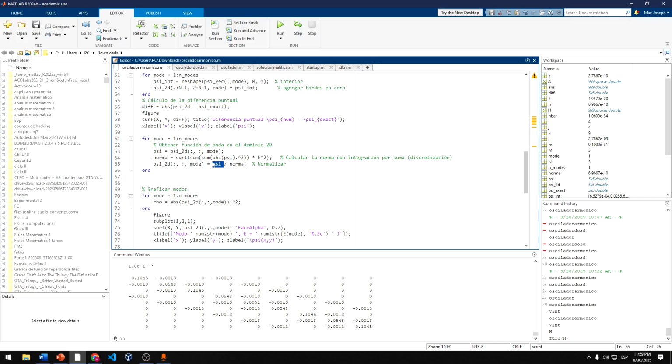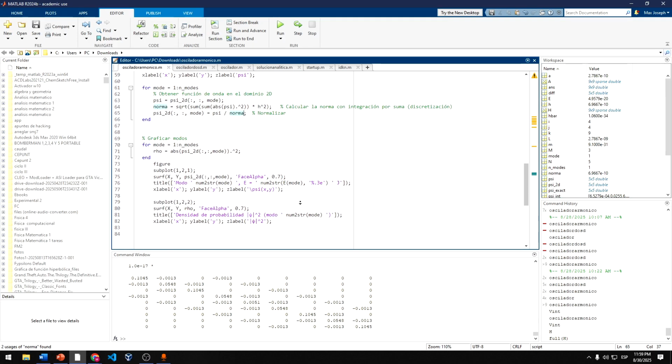El psi llegaría a ser la solución, pero no normalizada. Pero al momento de dividir entre su norma es como si fuera un vector unitario. Ya está normalizada la función. Y la probabilidad de que se encuentre el electrón en todo el espacio va a ser del 100%, o de 1, como quieras verlo.